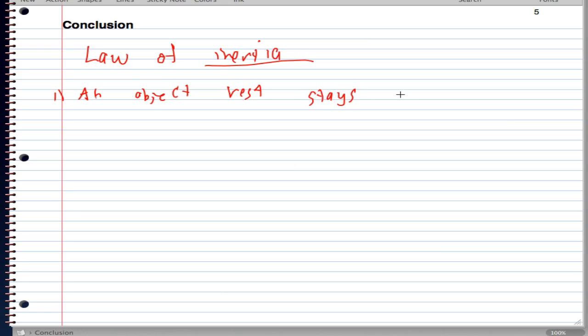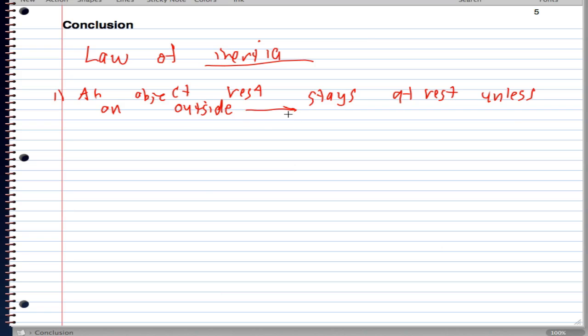And Newton, a little while later, was able to write up all the results that we have from our lab today. He was actually able to write it up like this. And this is what we call the law of inertia. First, an object at rest stays that way, stays at rest unless an outside force makes it move.